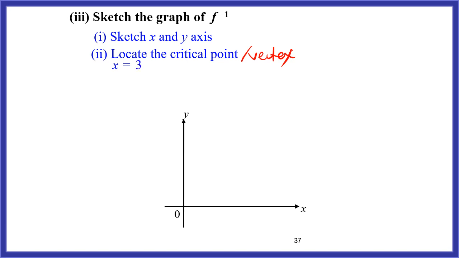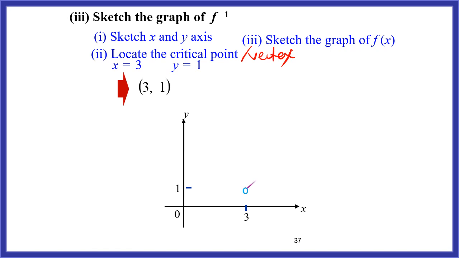We have x minus 3, we set it to 0, so x equals 3. When x equals 3, y equals 1, so (3, 1) will be the vertex there, and going to the right, the graph is going up. You can try putting in 4 or 5 and you can see that it's going up.